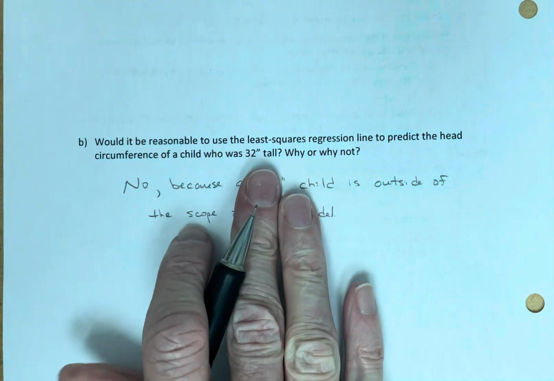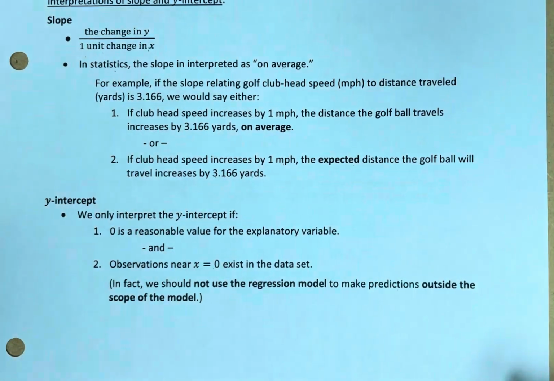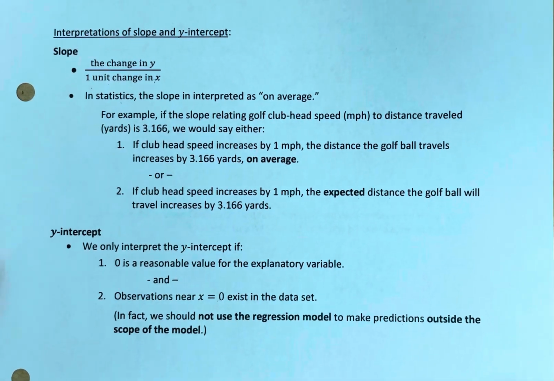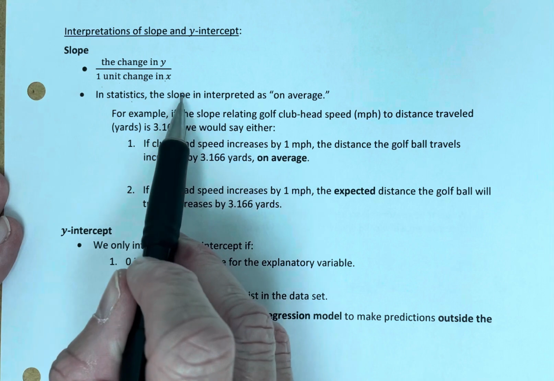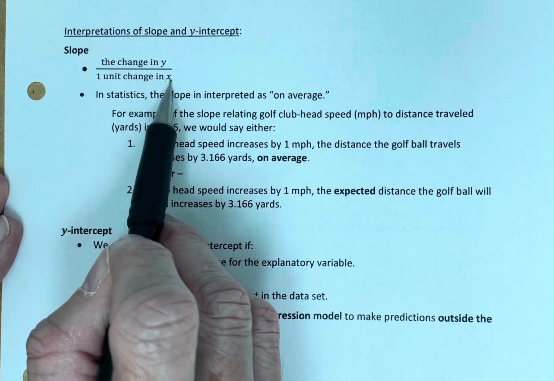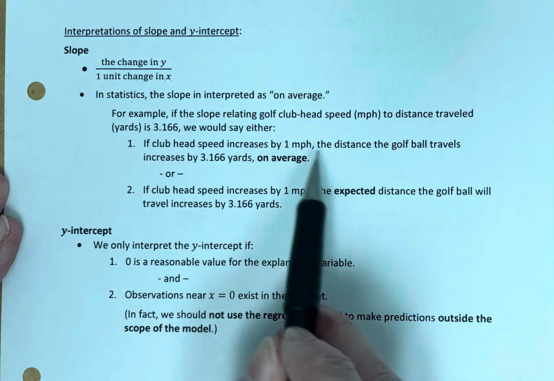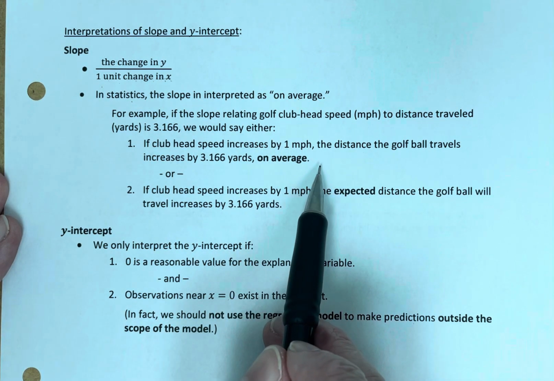Okay, so keep a couple things in mind. I'll go back to the front page here and recap. Keep a couple things in mind that are key here. As you're dealing with slope, you're dealing with per 1 unit change in the x variable, and we're always talking about it being on average as we use the equation to predict.